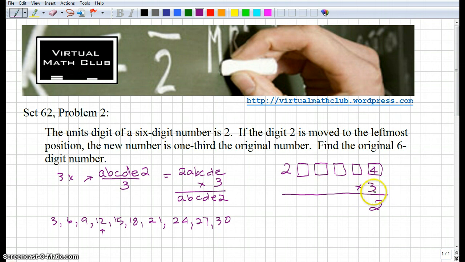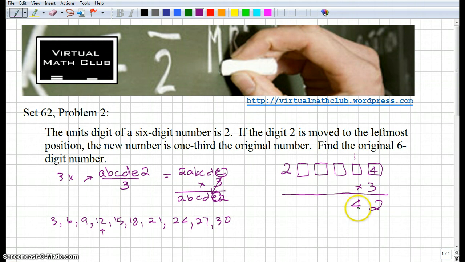Then, now there's a carry of 1, so I want something times 3 plus 1, and I've got to remember that this digit and this digit correspond. So this now will be a 4. I want something times 3, then we add 1, and we get a 4 in the units digit.